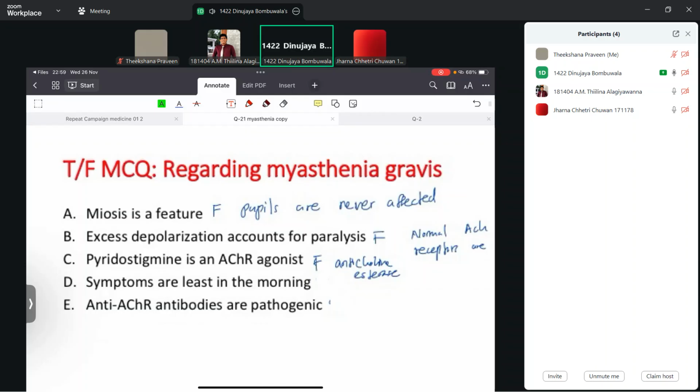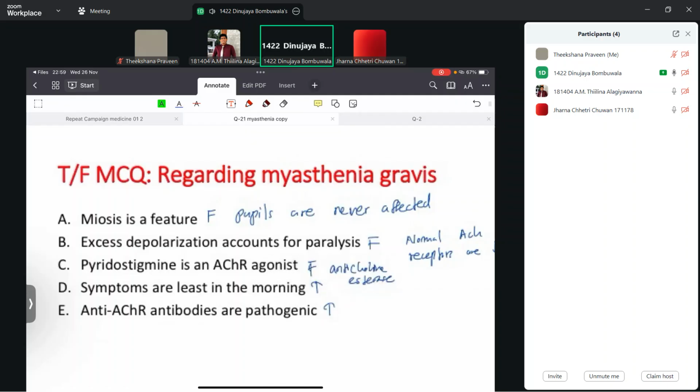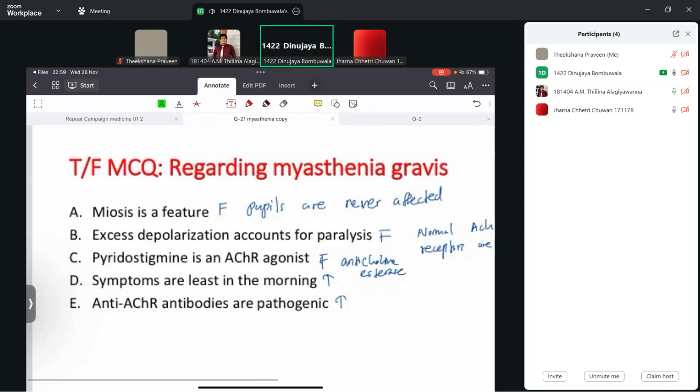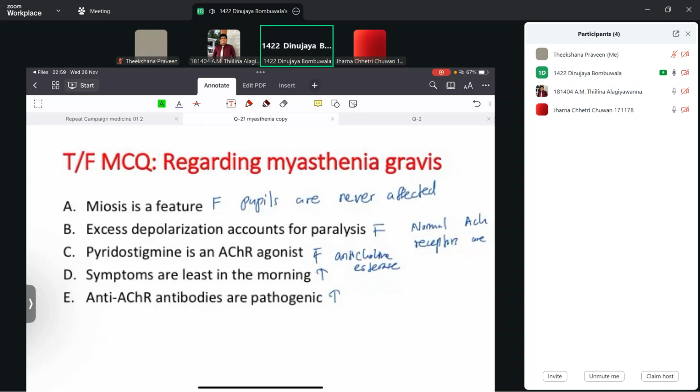This is false. I missed that. Pyridostigmine is an acetylcholinesterase inhibitor. So ultimately it increases the acetylcholine levels.